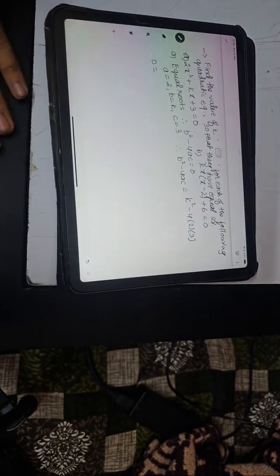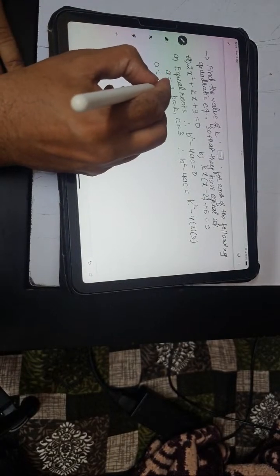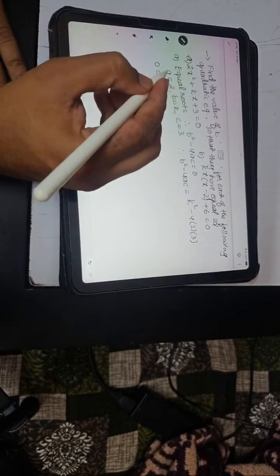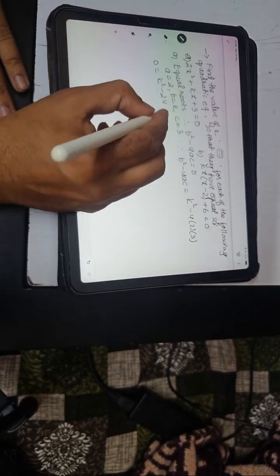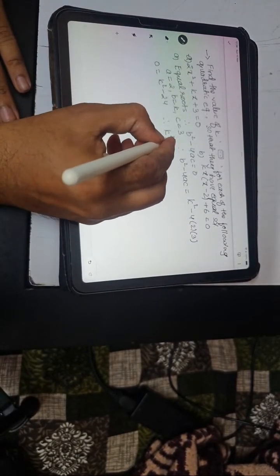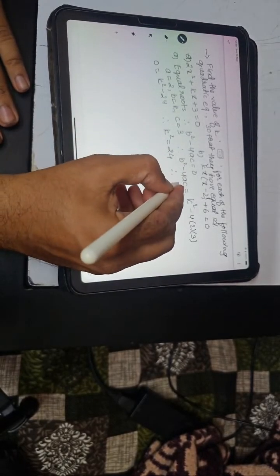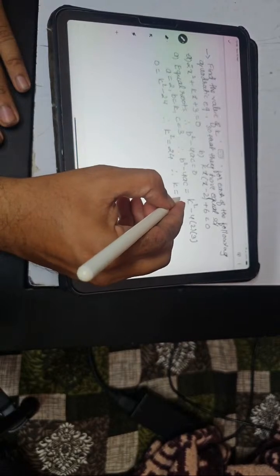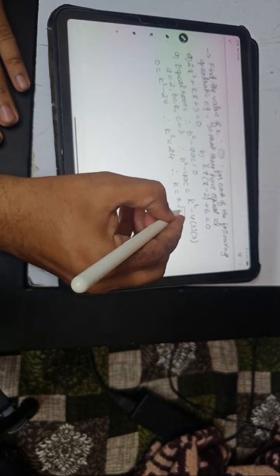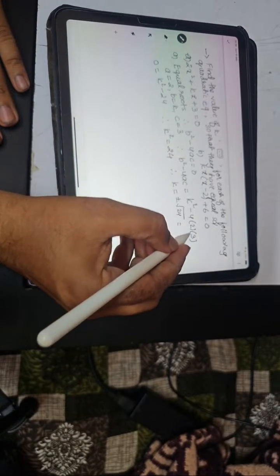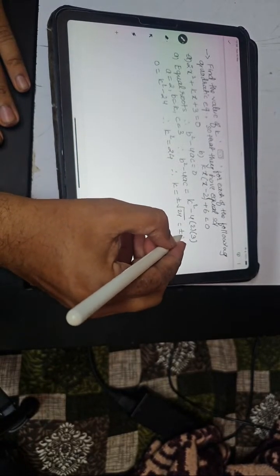So 0 equal to K square minus 24. Right? So therefore, can I say K square equal to 24? So therefore, K will be equal to plus or minus root of 24.